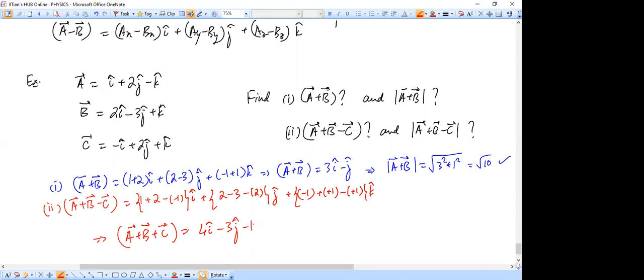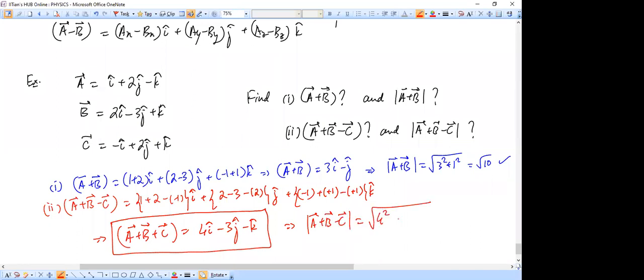So minus k cap. That's correct. Yeah, good. And therefore this is the vector form. And therefore the magnitude will become square root of x component square plus y component square plus z component square. So that is square root of 26.